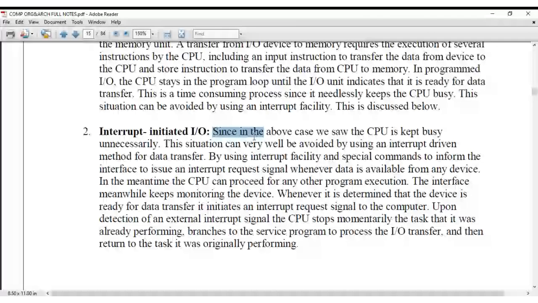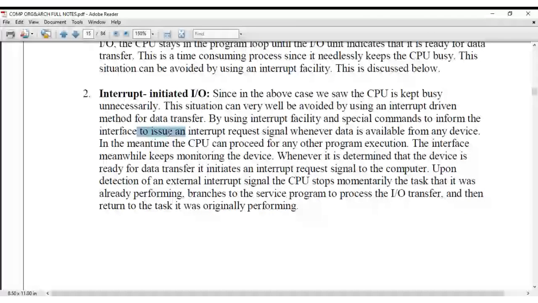By using interrupt facility and special commands, the interface is informed to issue an interrupt request signal whenever data is available from any device. The interface, meanwhile, keeps monitoring the device. Whenever it is determined that the device is ready for data transfer, it initiates an interrupt request signal to the computer.